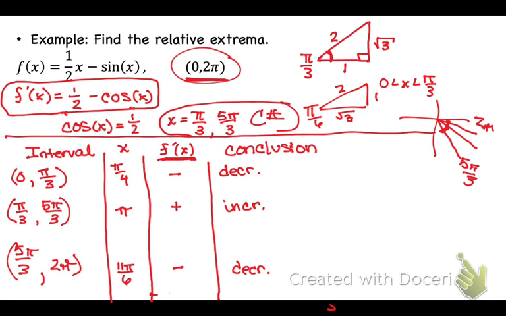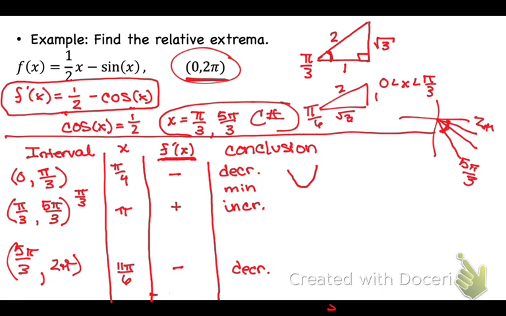Okay, so now this graph is decreasing and then increasing. So right in here is a what? Minimum. And that would have to be at pi over 3, wouldn't it? Yes.